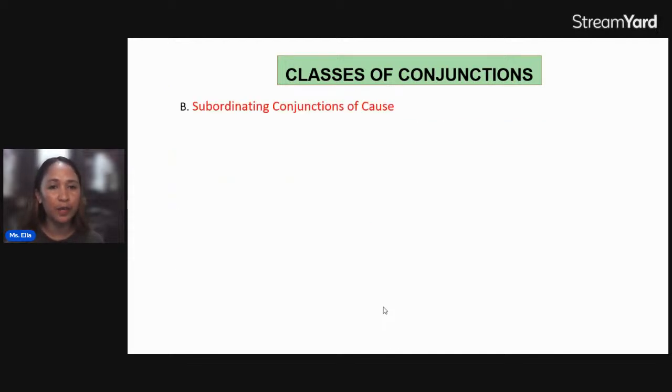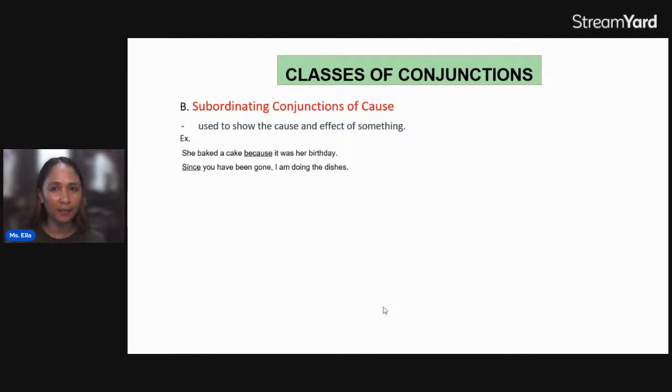Now, subordinating conjunction of cause. It is used to show the cause and effect of something. For example, "She baked a cake because it was her birthday." Our cause here is "it was her birthday," and the effect is "she baked a cake."